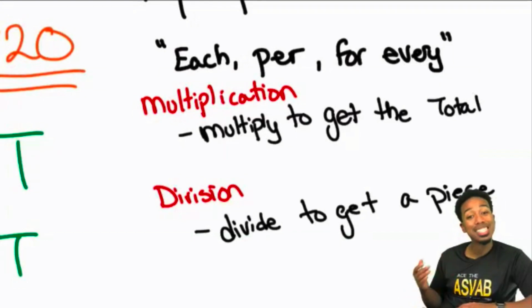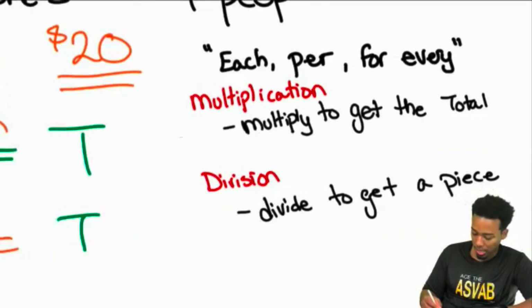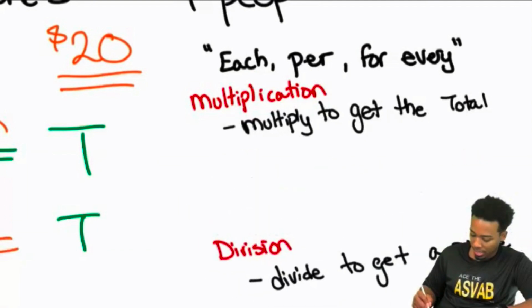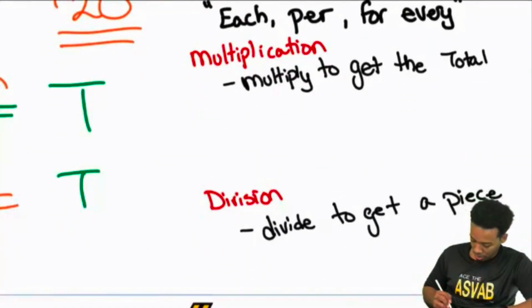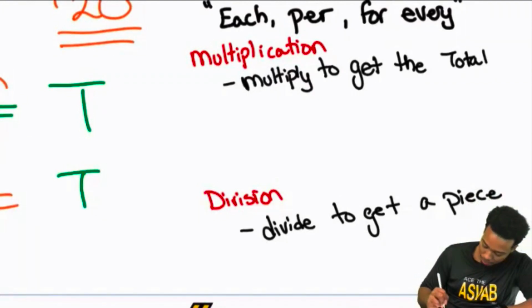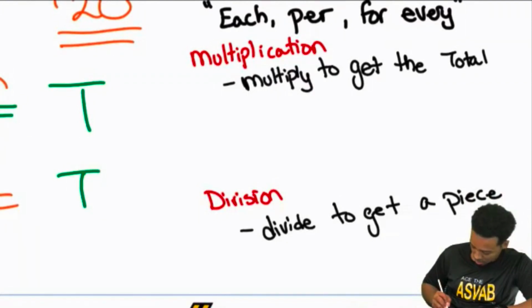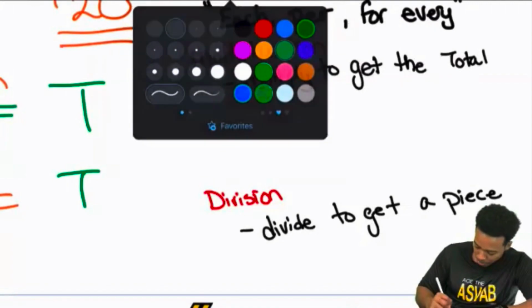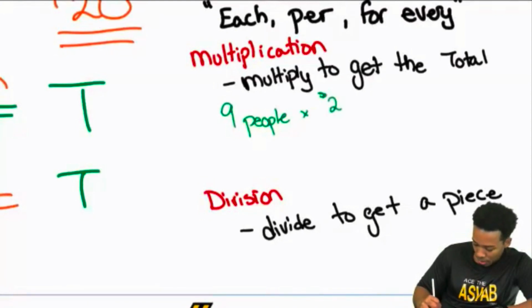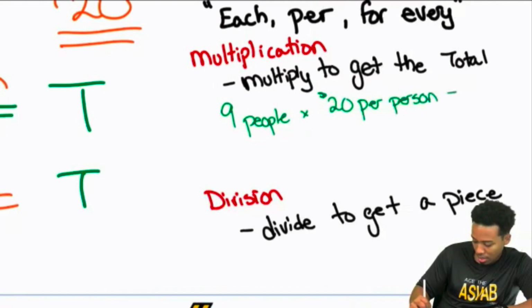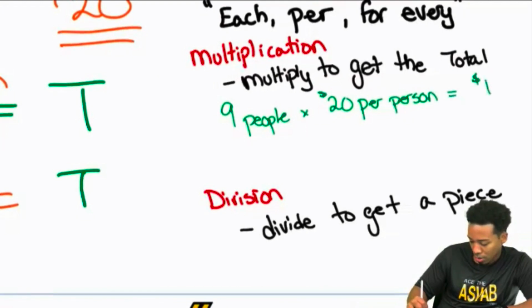So in this example, I'm going to show you what that looks like again. In this example, we can multiply to get the total. So that's where it was 9 people times 20 per person equals $180 total.